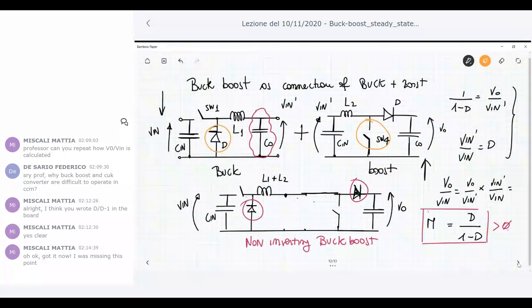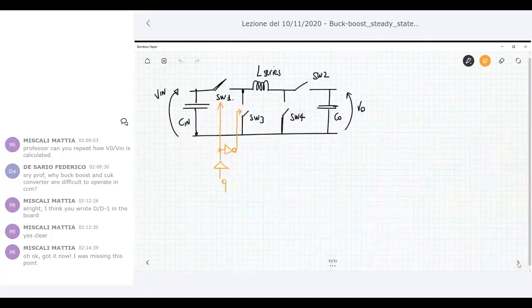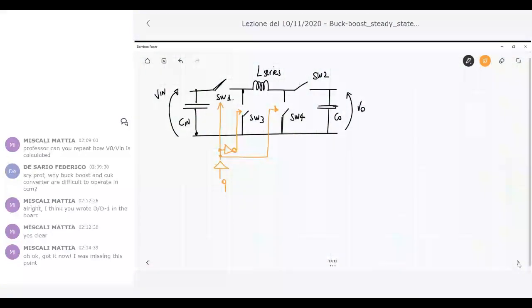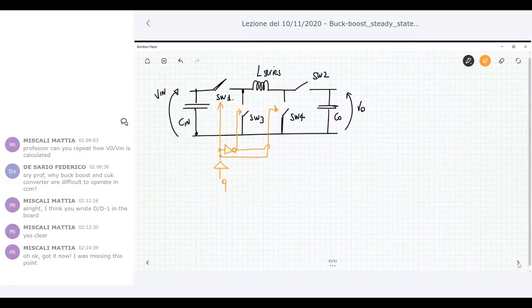For the boost, the main switch now is this one. This is the MOSFET. So this MOSFET here is closed in the same time interval in which switch 1 is closed. Okay, while the diode is closed in the same time interval in which also the diode D of the buck is closed. So, in other words, I have to have for switch 4 the same unitary switching function of the switch 1.